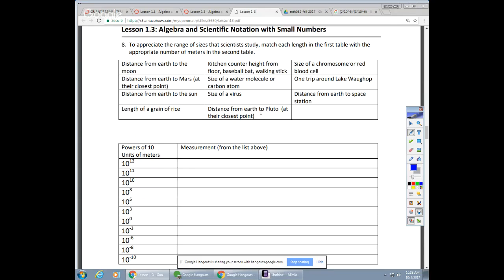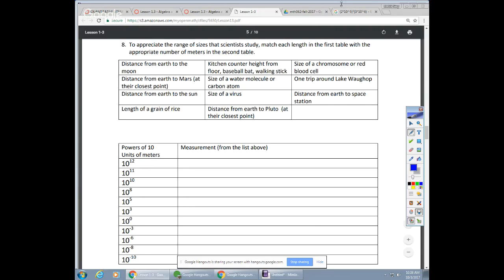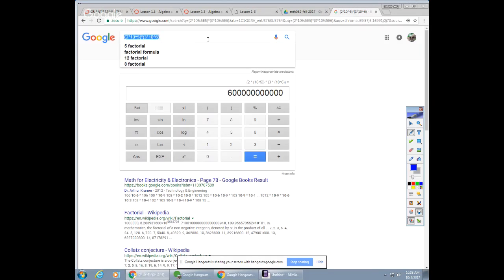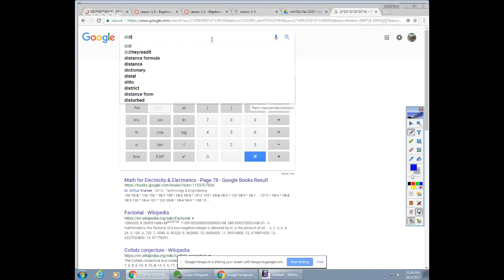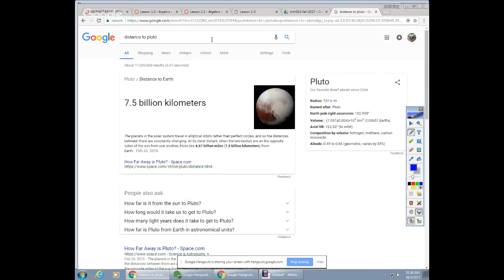Anybody good at astronomy? What do we do when we don't know something like this? Google. All right. Because actually, I don't remember. The distance to Pluto. Planet, solar system, what's the 7.5?